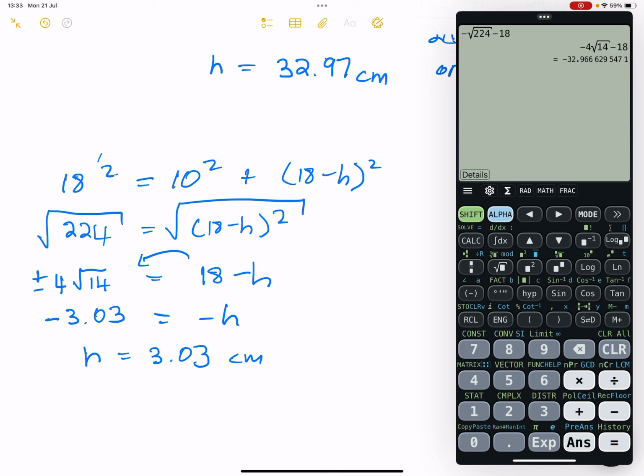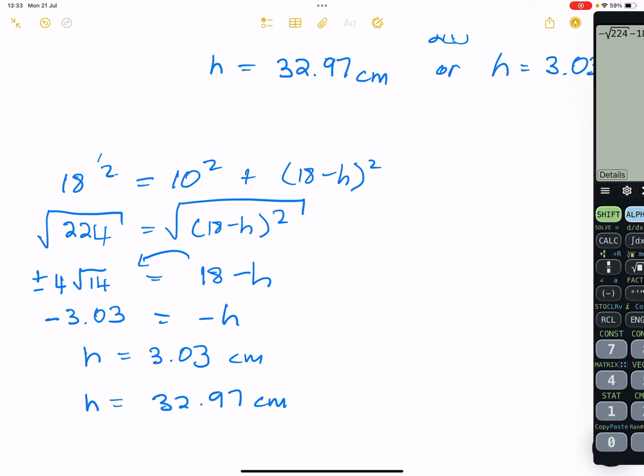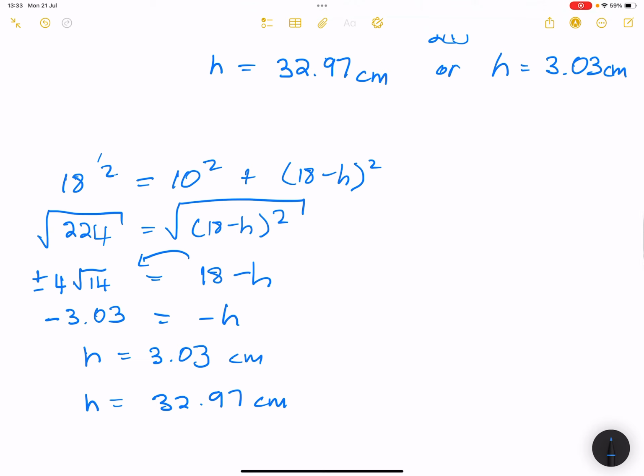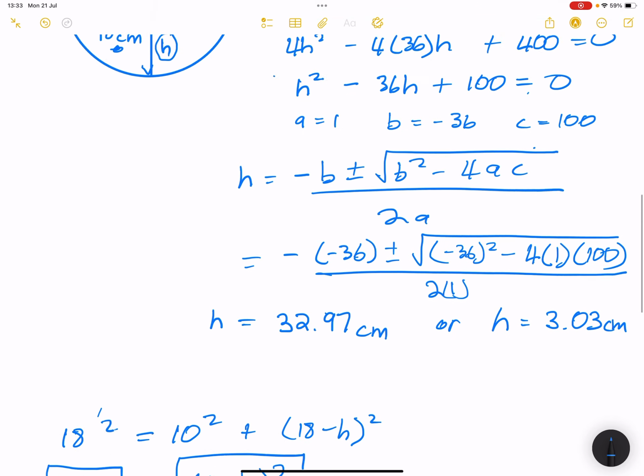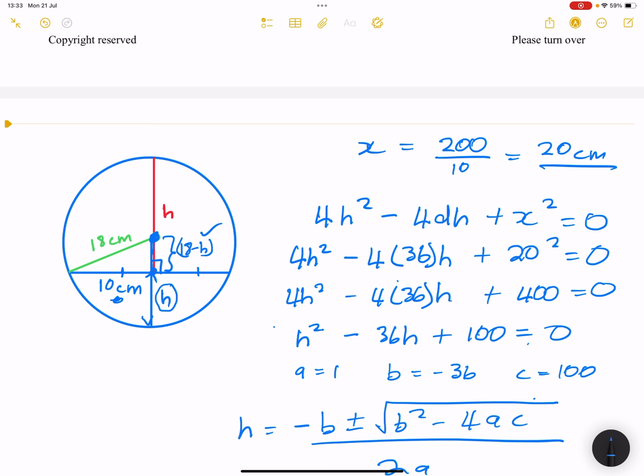Okay, and you get that value. h is equal to 32.97 centimeters. So that's another way that you can approach it. You can approach it from a very practical perspective, but either way, you still get to the same answer. So you just use the Pythagorean theorem to derive that.